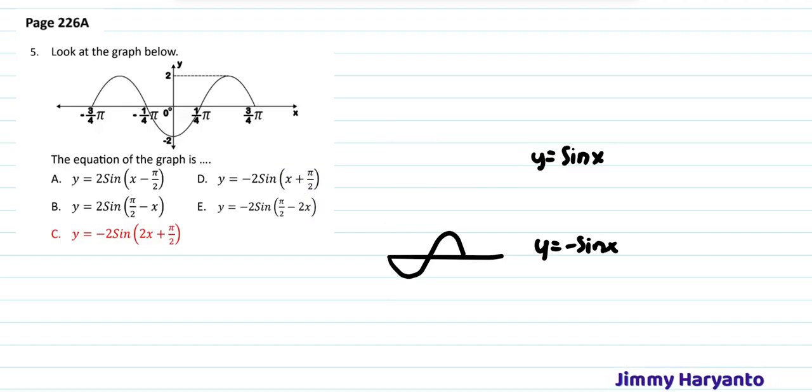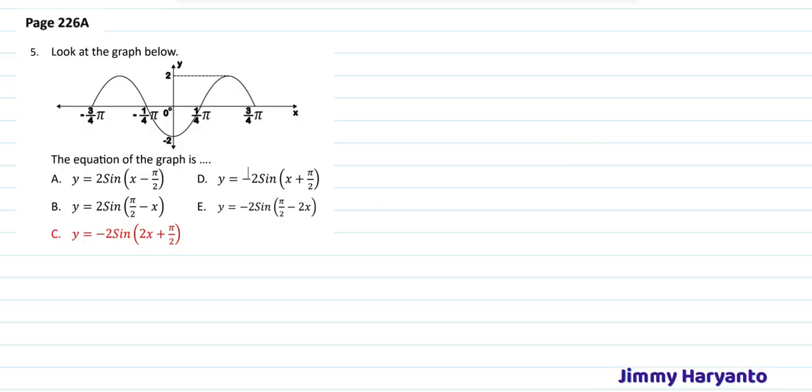Okay, but for these questions it will take a long time if we do that, so I want to use another method, which is the guess and check method. So I will take this point. This point is in the middle of 45. I will use degrees, because we usually use degrees rather than radians.